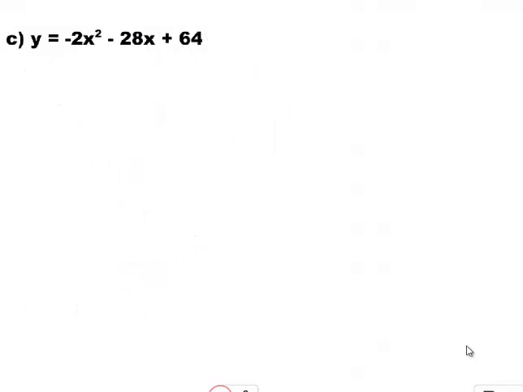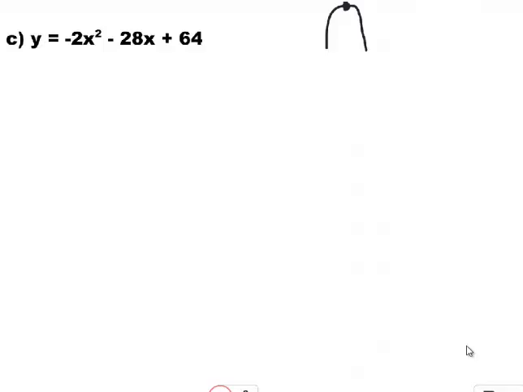The next equation again, y equals negative 2x squared minus 28x plus 64. First of all, because a is negative, this means that the parabola opens downward, so this represents a maximum. But first we are going to find the zeros.